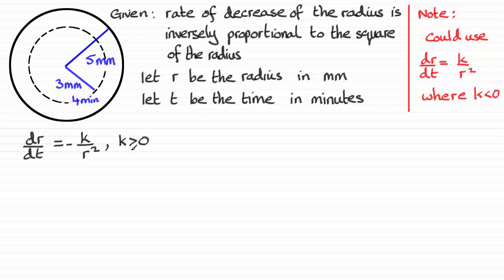So in order to solve this, we've got to separate the variables. By that, we need to put the r's on one side and the t's on the other. So if I rearrange this, I could multiply both sides by r squared, and I'm going to get r squared dr, and I'm going to remove the dt.